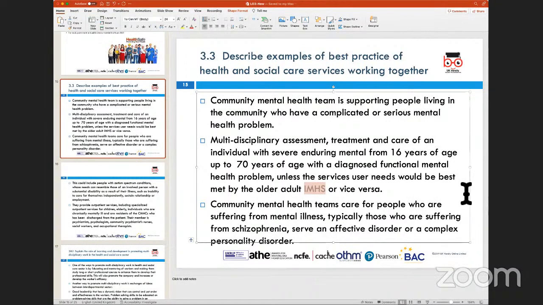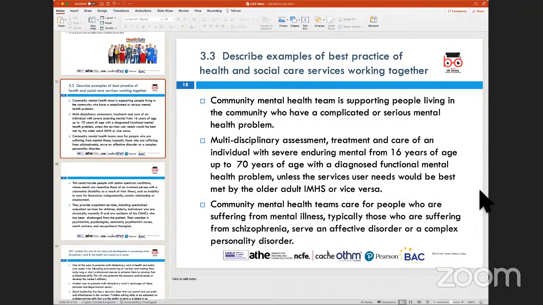And when we talk about the integration of mental health care services with social services which are required to be provided, that could also form a good example or a best practice in terms of showing how health and social care services come together to provide and deliver this to people who require it at any given point in time.